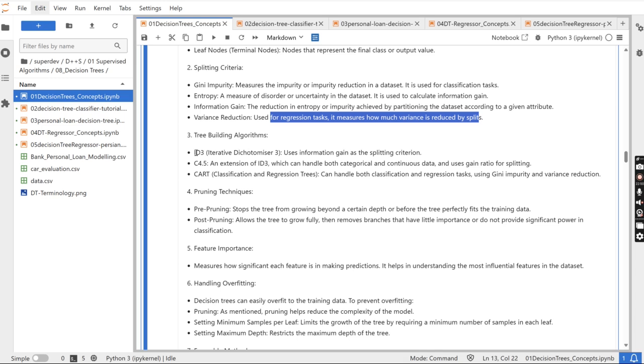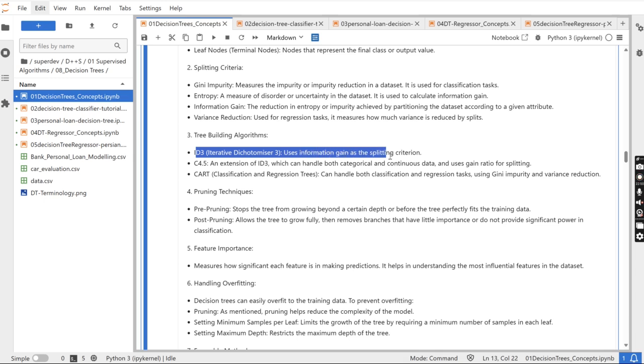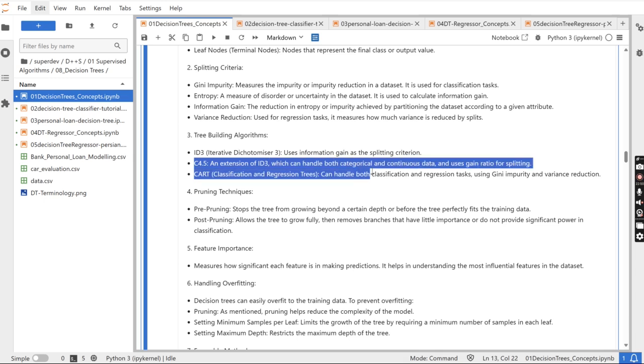Now, decision tree is based on multiple algorithms. ID3, iterative dichotomizer, uses information gain as a splitting criteria. Decision tree is also based on C4.5. These are the very classical algorithms that statisticians came up with. C4.5 is an extension of ID3, which can handle both categorical and continuous data using the gain ratio for splitting.